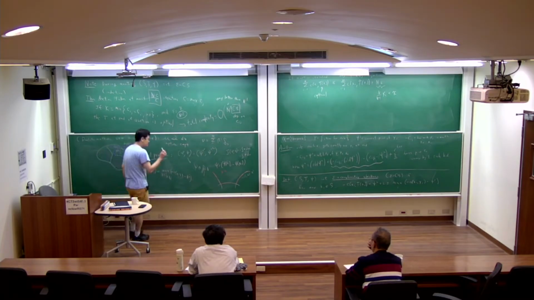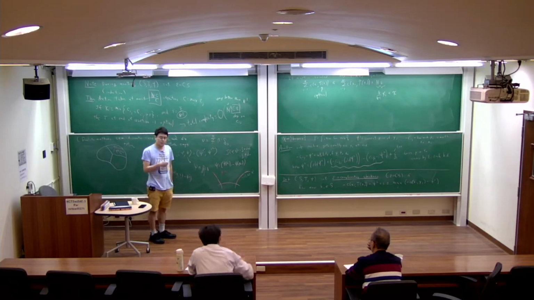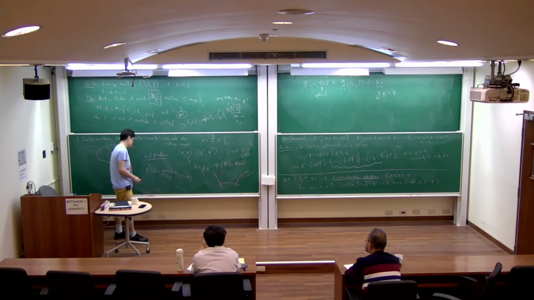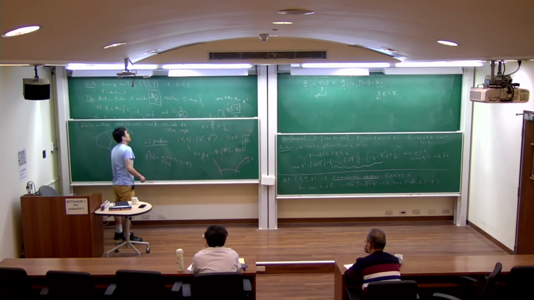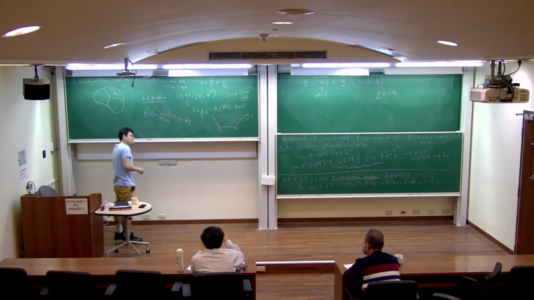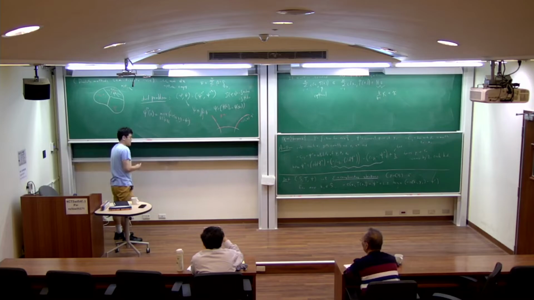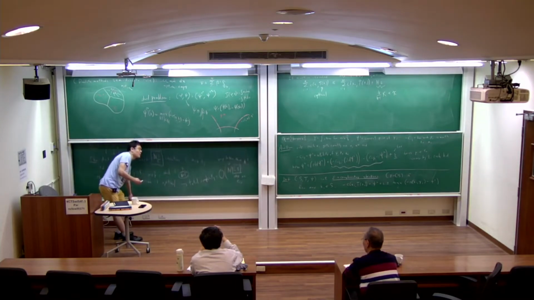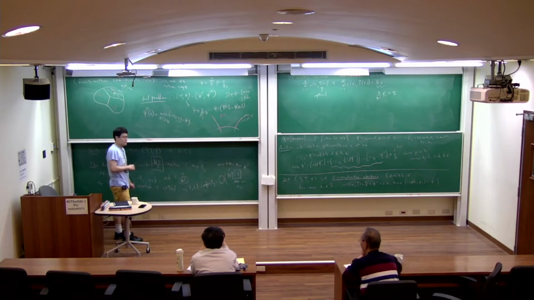Now, I mentioned that there's this theorem due to Brenier on existence of these optimal transport solutions. And one part of the result due to Brenier is that it gives a characterization for when a map that pushes a measure forward to another one is optimal.